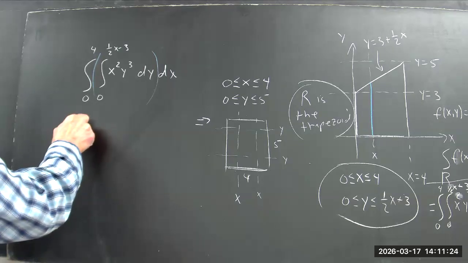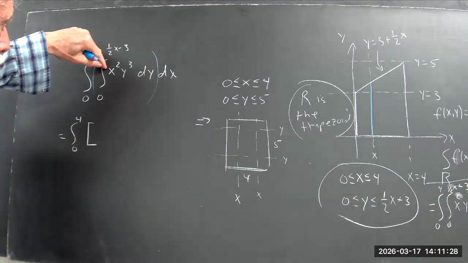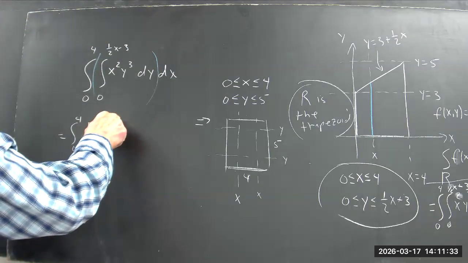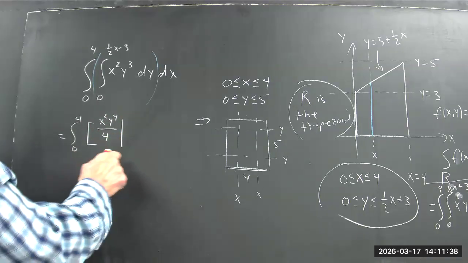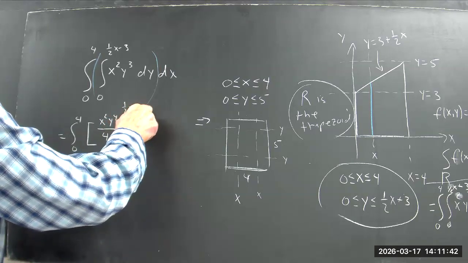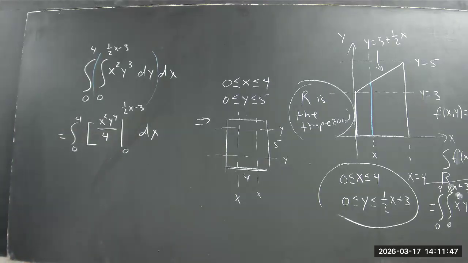This is the integral from 0 to 4 of, and the antiderivative of x squared y cubed with respect to y is x squared y to the fourth over 4, evaluated between 0 and 1/2 x minus 3, with respect to x. Okay? Make sense? I know you can see the antiderivative, and we're just evaluating these.